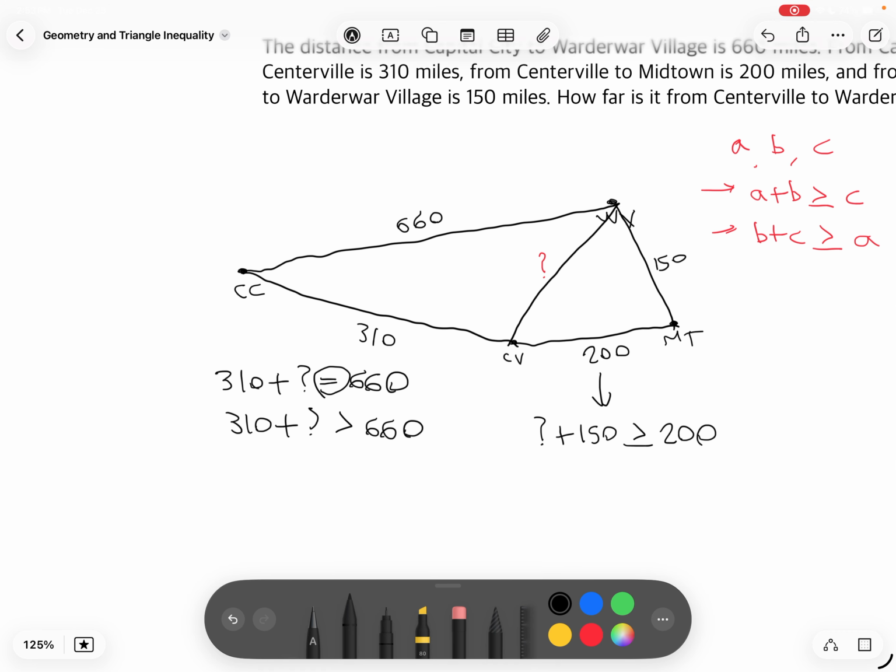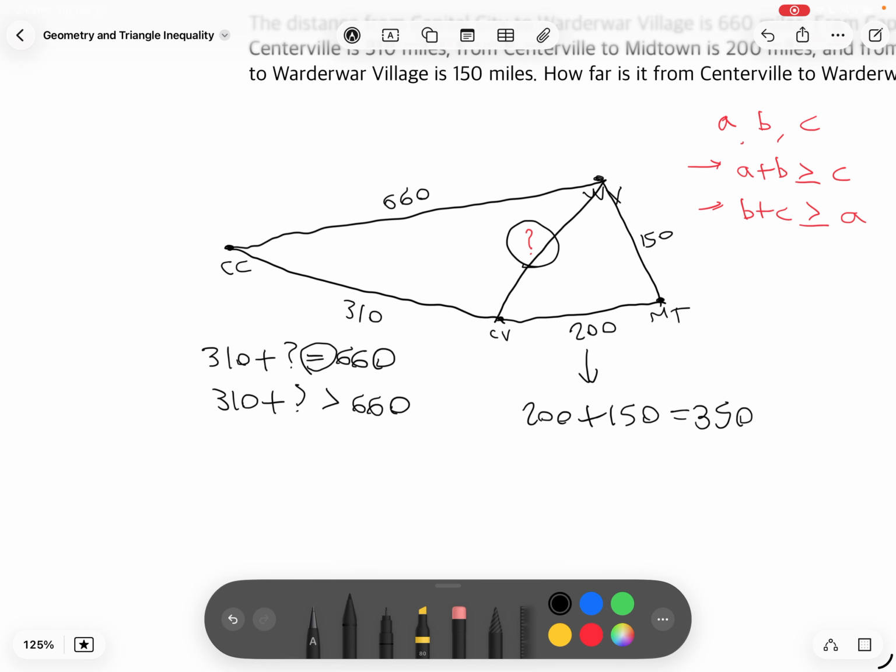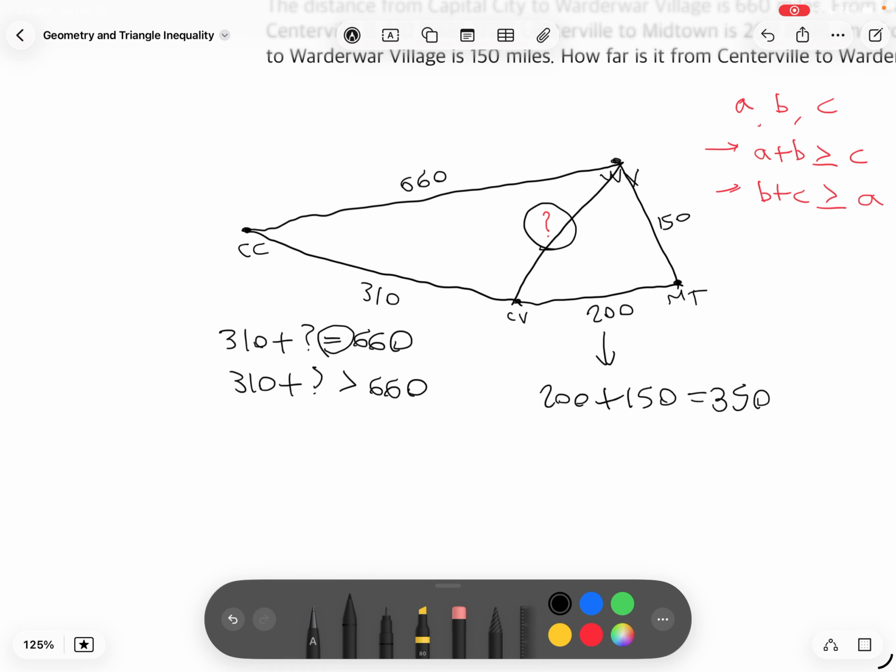And this is because we have 200 plus 150 here, and rewriting this inequality a little bit, that equals 350. So that means we cannot have the third length of the triangle be less than 350. It has to be 350 or greater. Now, if we had, for example, 400 for this length, this wouldn't work for the other triangle.